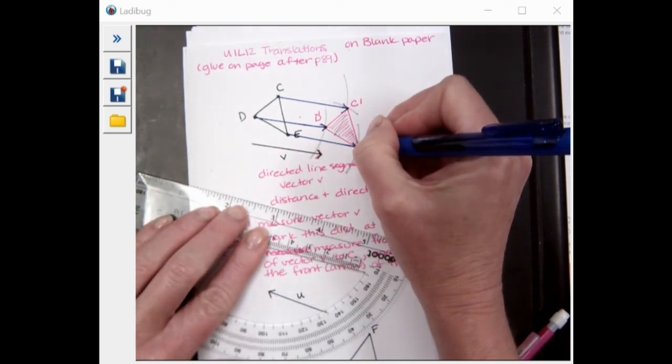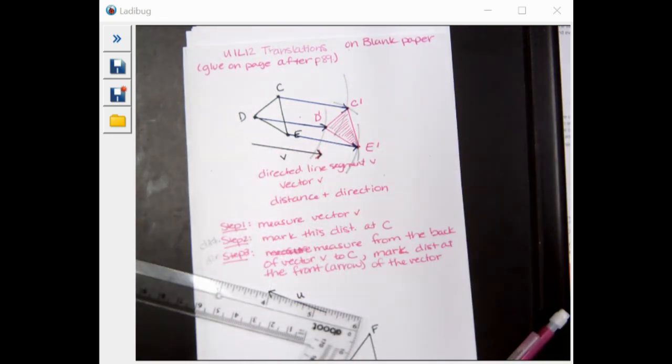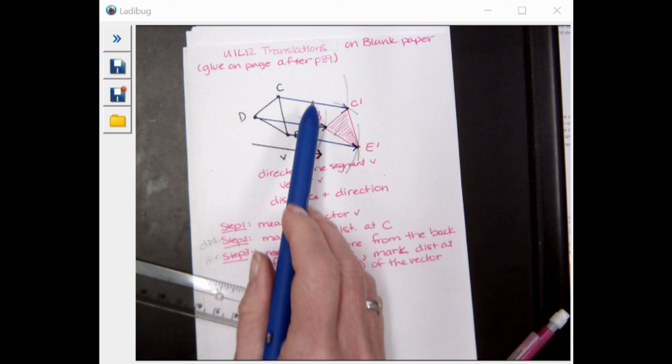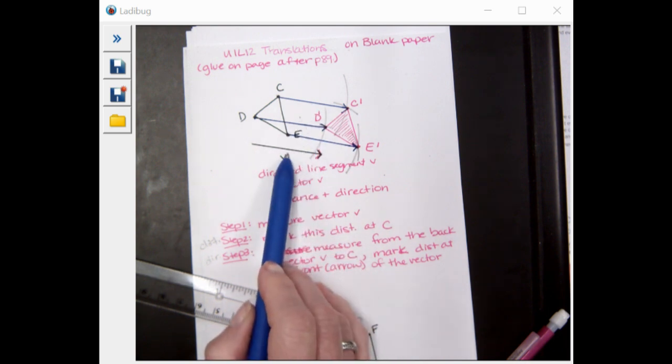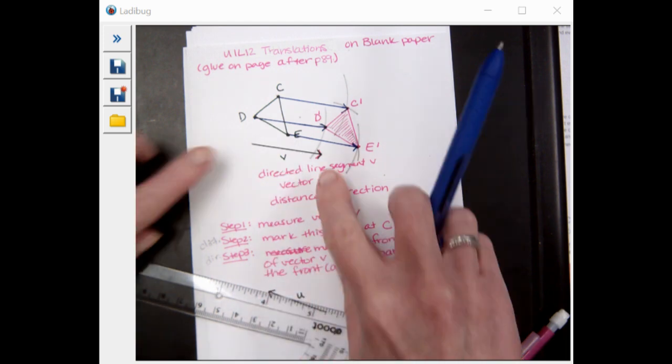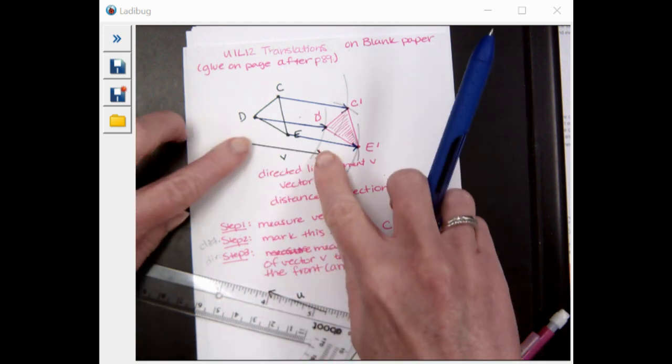What I wanted you to see here about this translation, I wanted you to see these blue lines. They match vector V, directed line segment V. They are the same distance. So if I measure this, you're going to find that they are all the same distance. So E prime is that distance away from E.